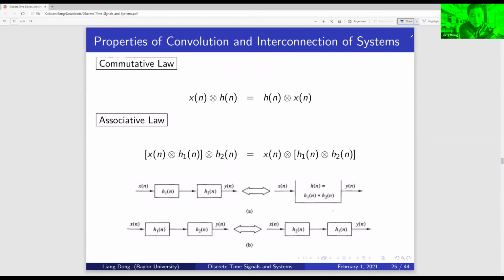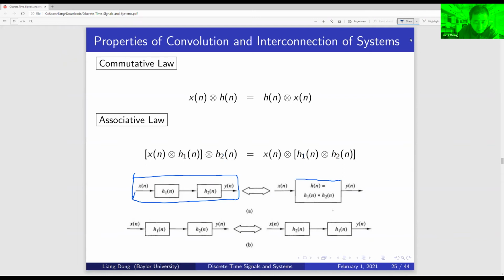Commutative law: we showed from the convolution identity equations that xn convolved with hn equals hn convolved with xn. Associative law: xn convolved with h1n convolved with h2n. I can associate the latter two terms together first, h1 convolved with h2, then convolve with xn. In a block diagram, that is the same as going through a combined system hn, that is h1 convolved with h2.